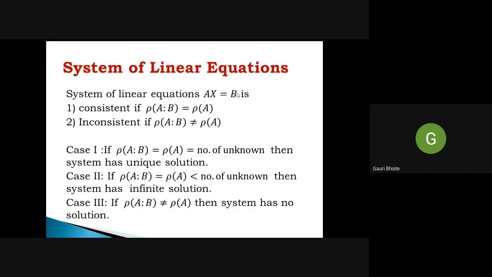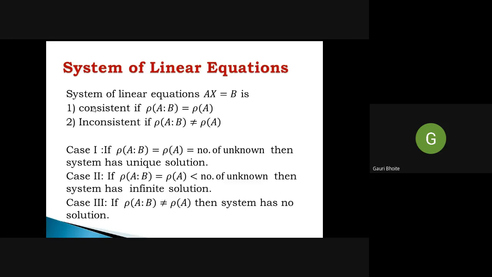Now a system is consistent when it has a solution, and inconsistent when it has no solution. So what is the condition? We find the augmented matrix AB, which is A along with the RHS column B. The system is consistent if the rank of the augmented matrix AB is the same as the rank of matrix A. Very important condition.